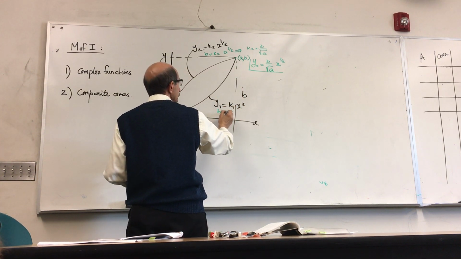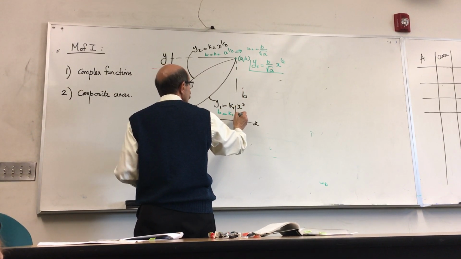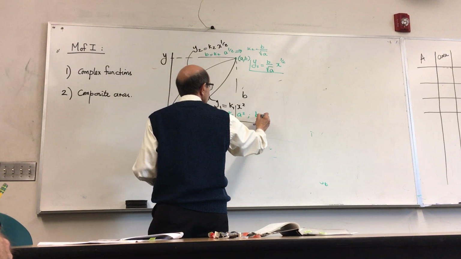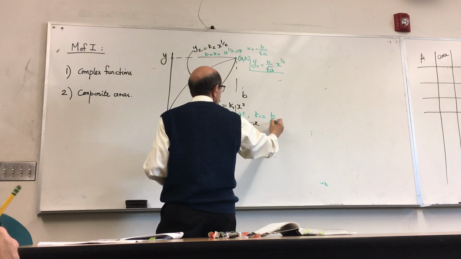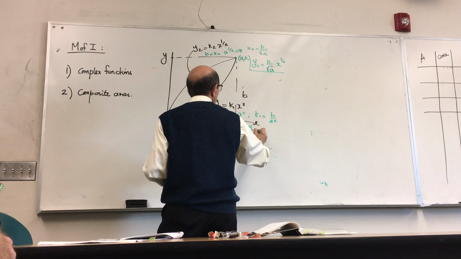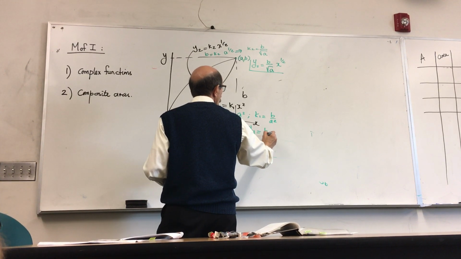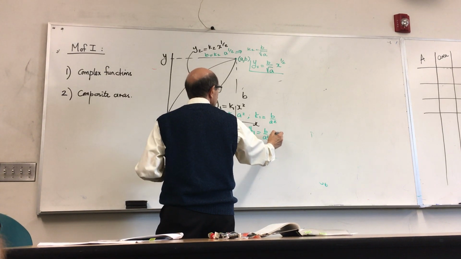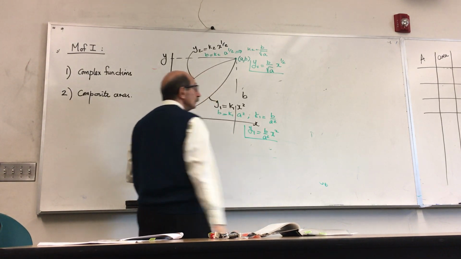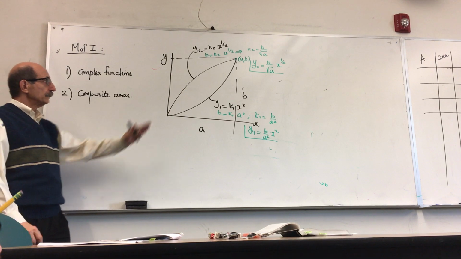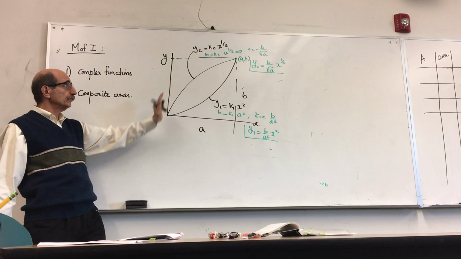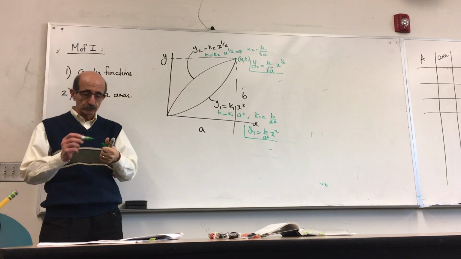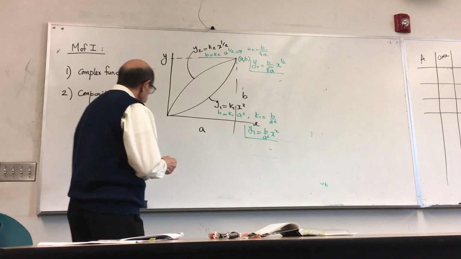Here, you have B is equal to K1 A squared, so K1 would be B over A squared, therefore Y1 is B over A squared X squared. So these are the two functions, and we want to find the moment of inertia of this area surrounded by these two curves about the X and Y axes.